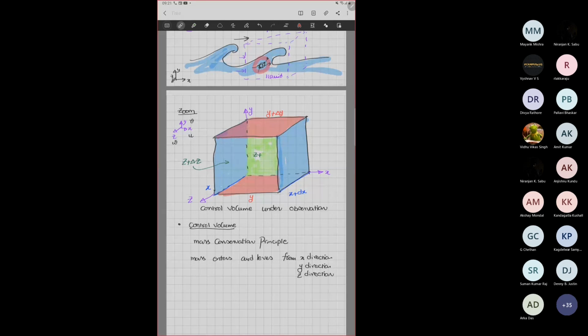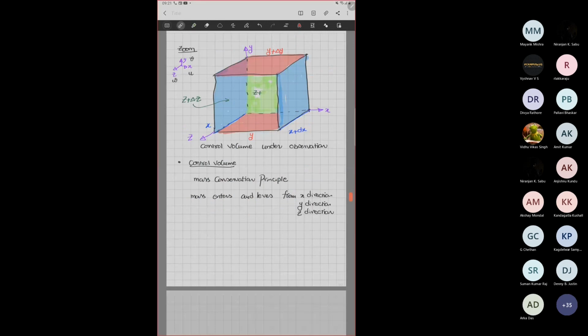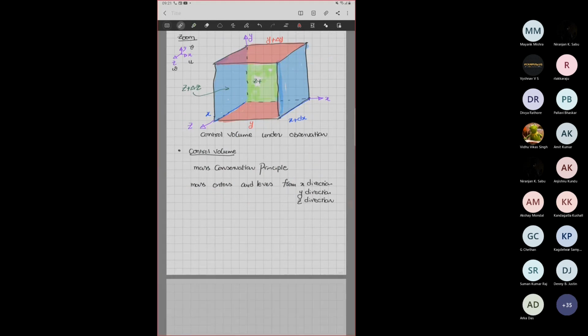When we track this entire thing, what is coming in, what is leaving out, and so on, we look at the summation. If there is an imbalance between what is coming in and what is leaving, mass might be accumulating within that box, or mass might be annihilated within that box.